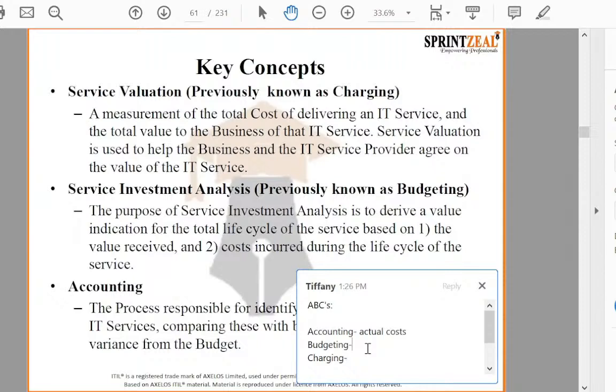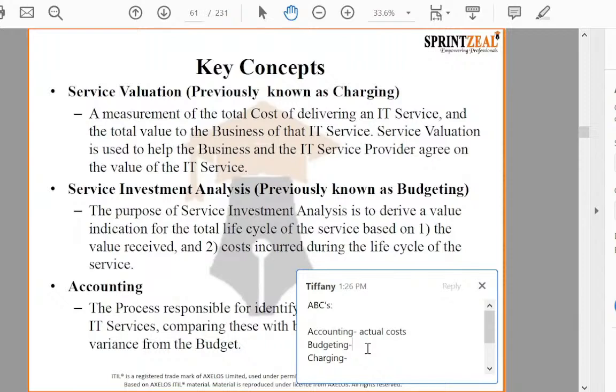There may be back office support that's needed that has nothing to do with IT. There may be a contractor that they may need to bring on that has nothing to do with IT. So all of that information gets built into your service valuation.